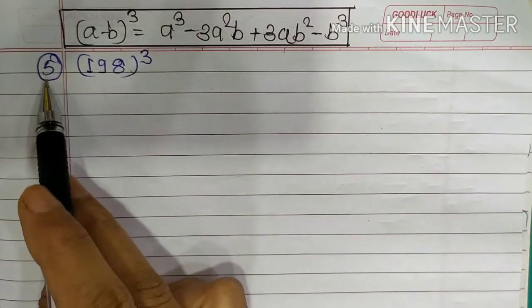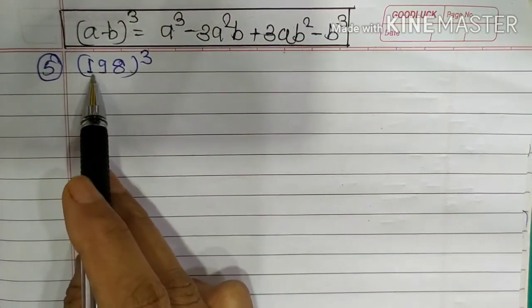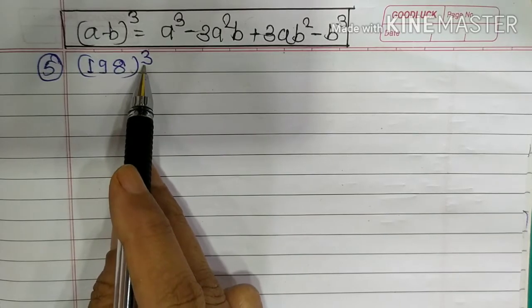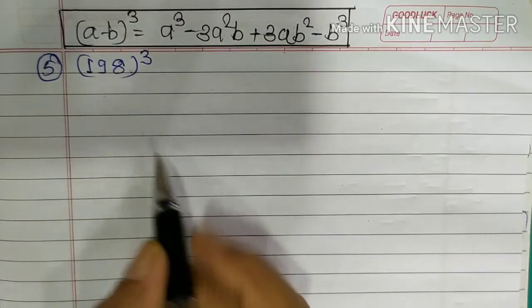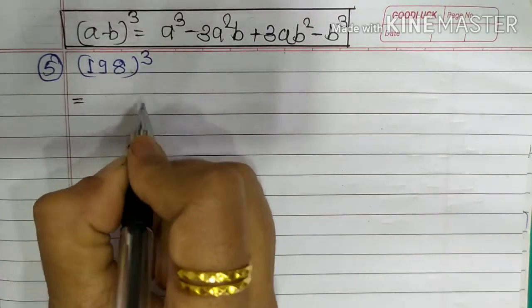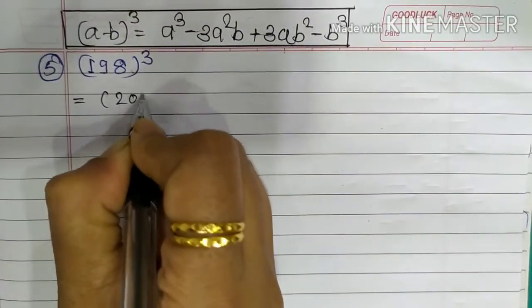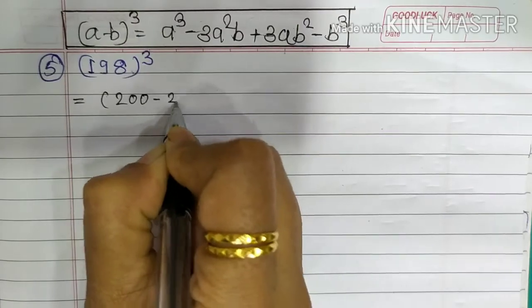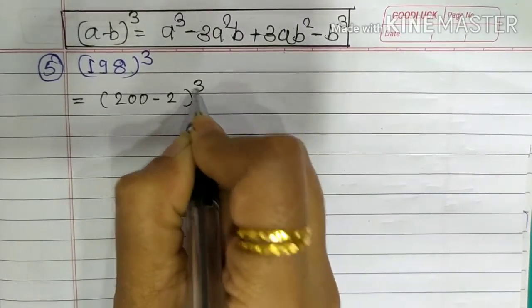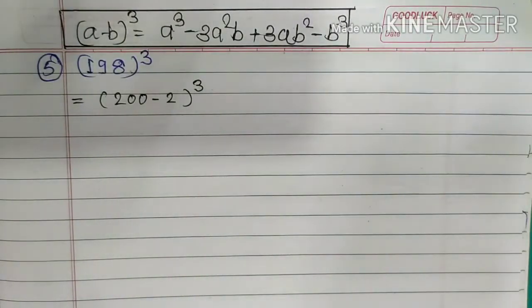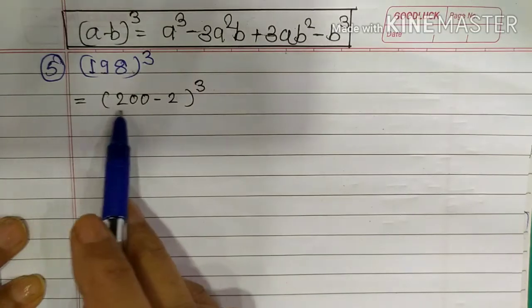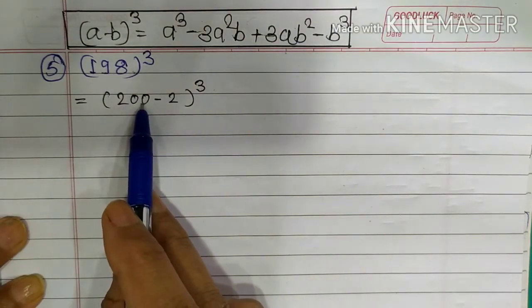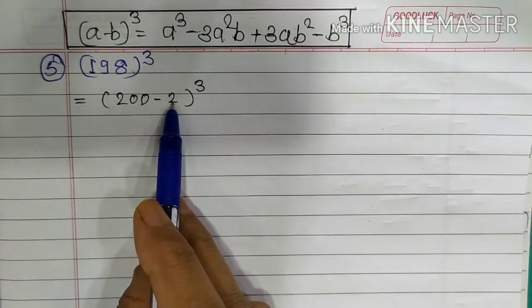Next, example number 5: 198 cube. We can find out the value of this, and we write 198 as 200 minus 2, cubed. So this is the first term and this is the second term.